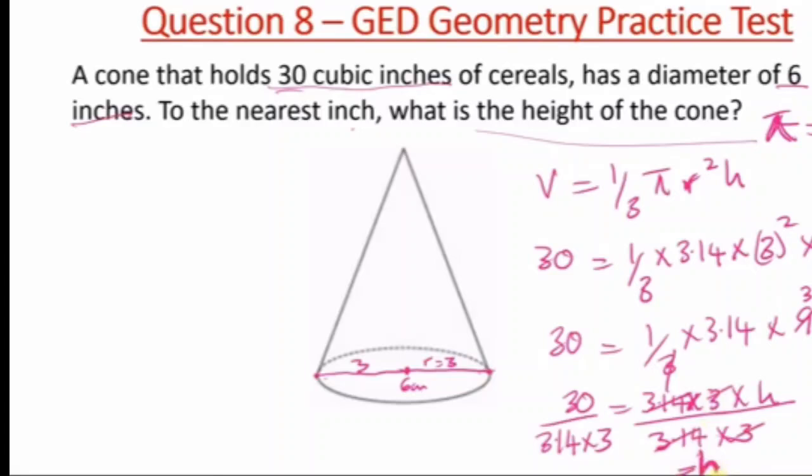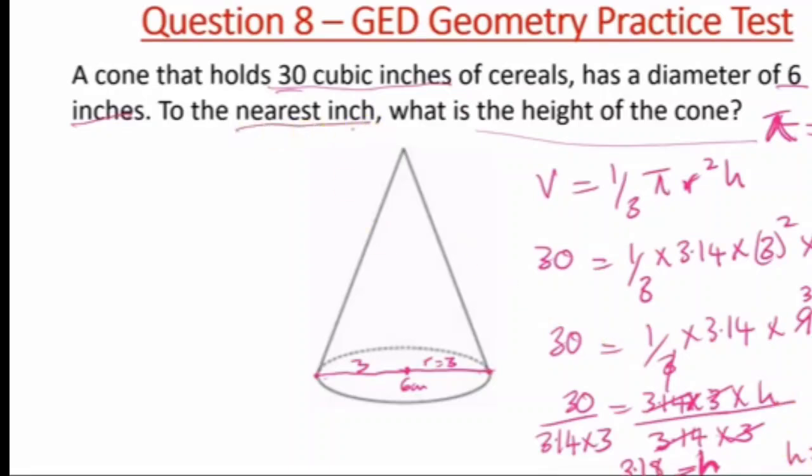That's the goal, to make h, the unknown, stand alone on one side of the equation. When I do this on my calculator, 30 divided by this, what I will get is 3.18. So h is equal to 3.18, and it doesn't stop there.